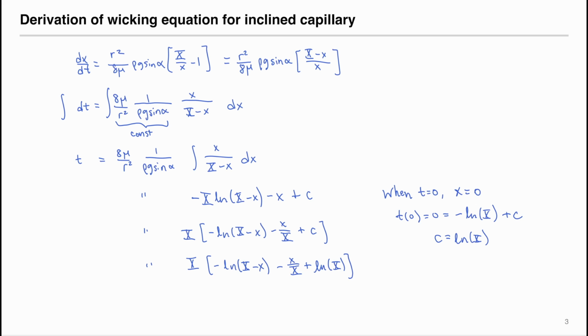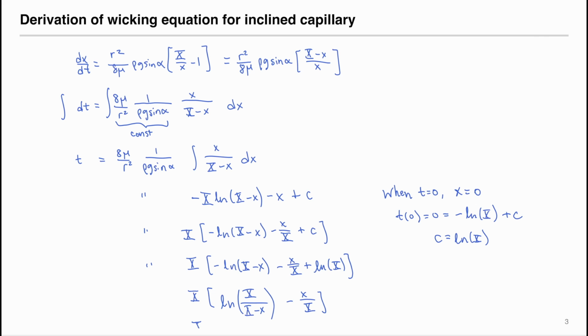And remember the natural log property. If we have something minus something, then we have a division within the natural log. So we have division of big X divided by big X minus x divided by x.